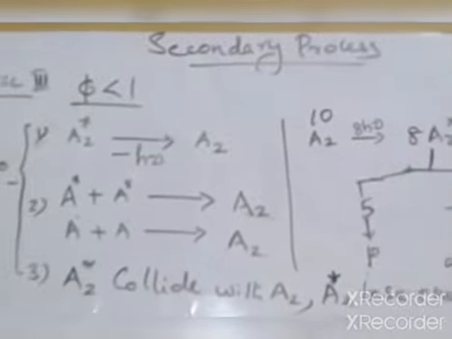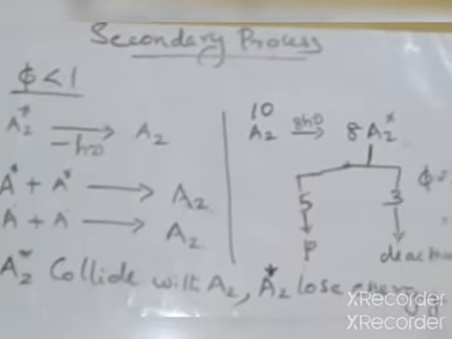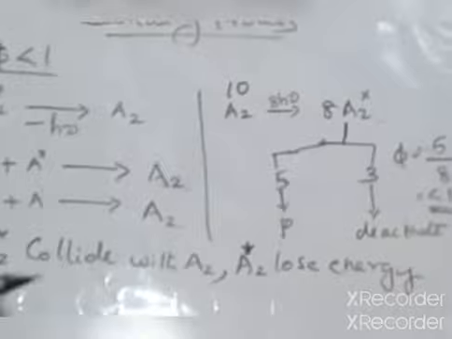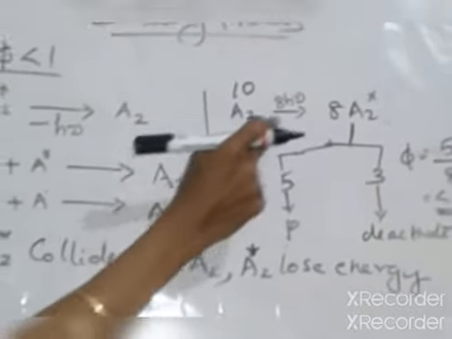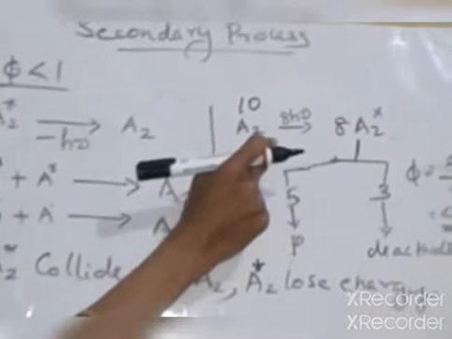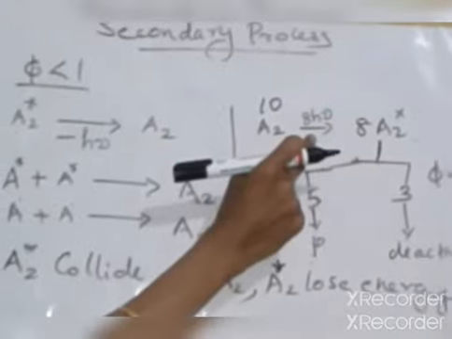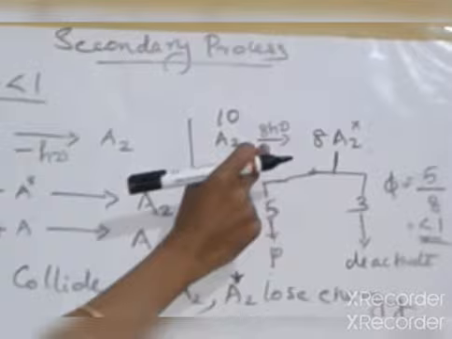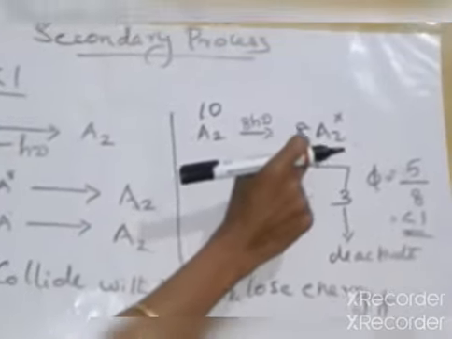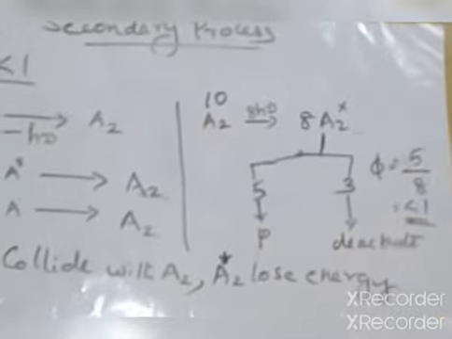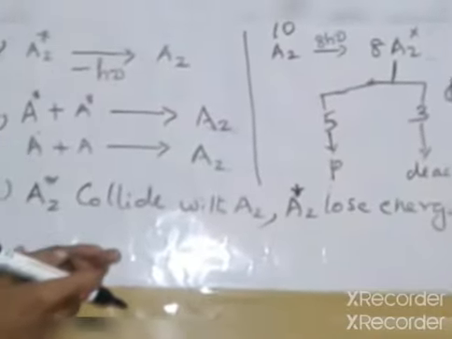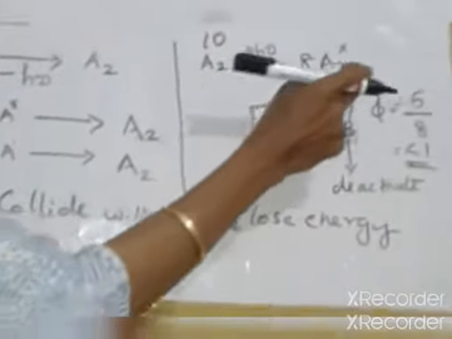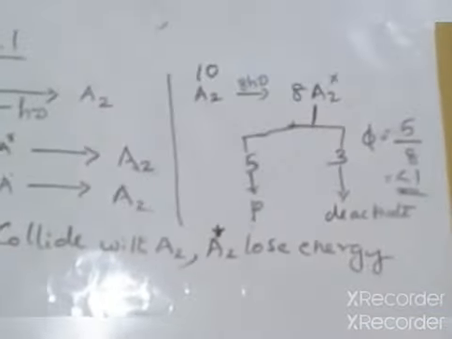Suppose, for example, a system contains 10 A2 molecules, and out of 10 molecules, 8 molecules absorb a quantum of radiation, h nu, that is, 8 molecules absorb 8 h nu. By absorbing one quantum by each A2 molecule, we get 8 A2 star molecules.